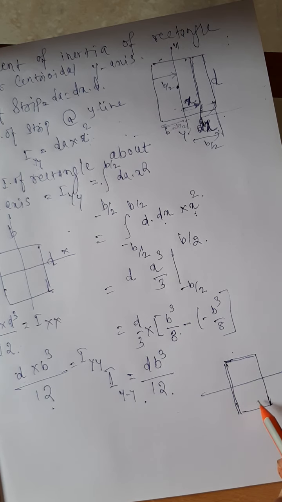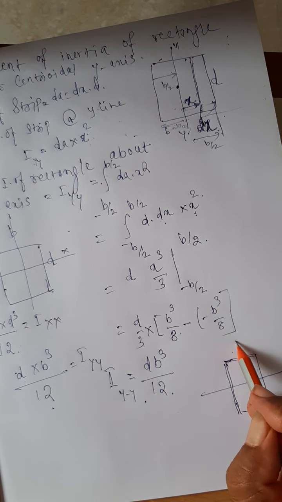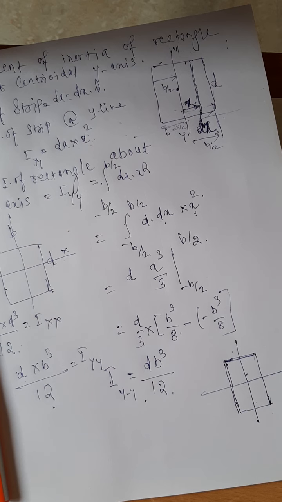And for the same figure, if he wants the moment of inertia about this other line, you take this cube into this divided by 12. Perpendicular is taken as cube and parallel is taken once. Hence you can get the moment of inertia of any figure. In the next class we shall calculate the moment of inertia of the triangle about the base or about the centroid. Then you can go for the numerical problems.